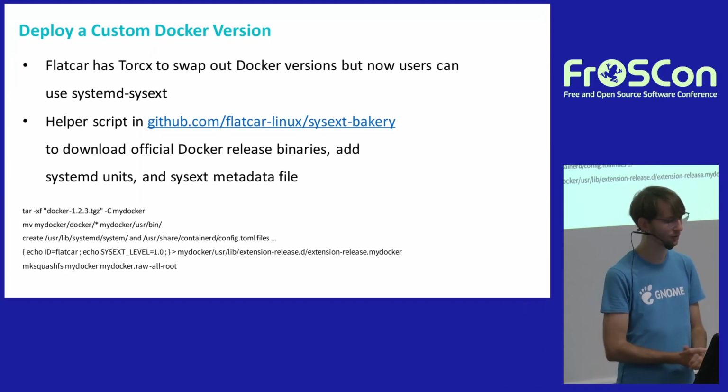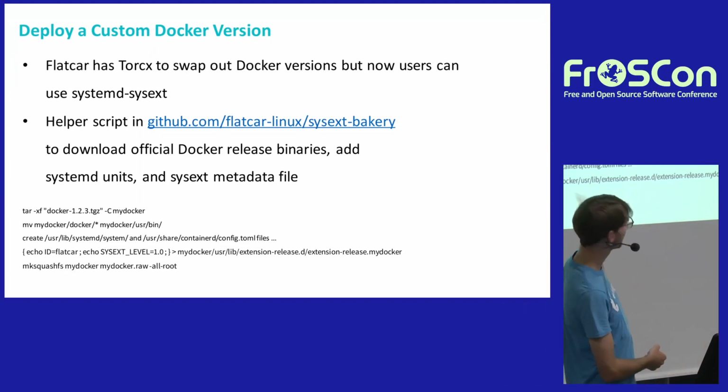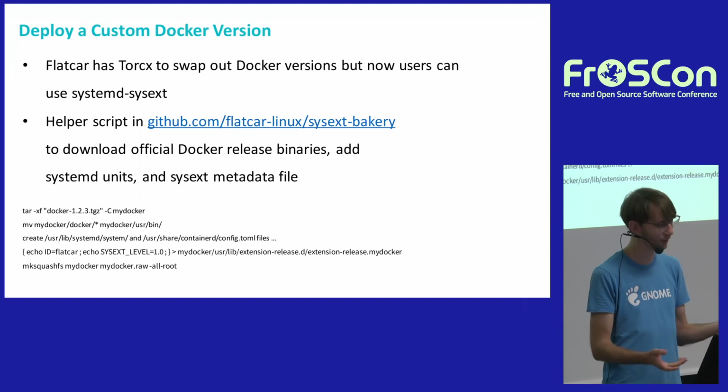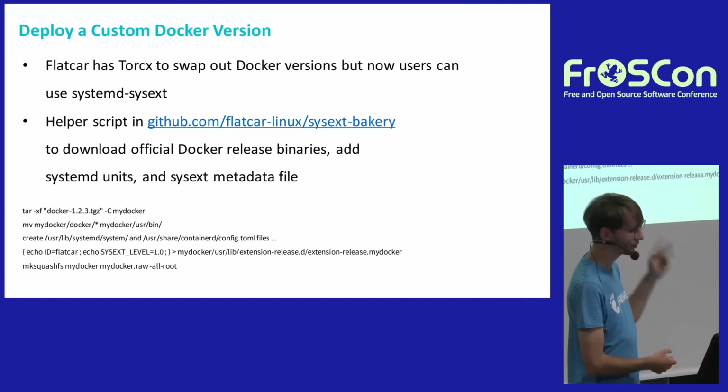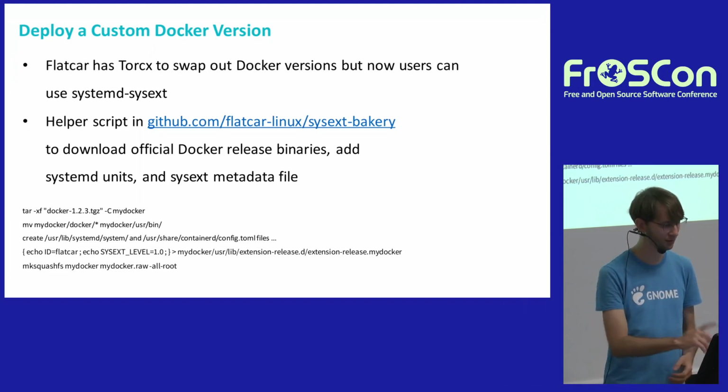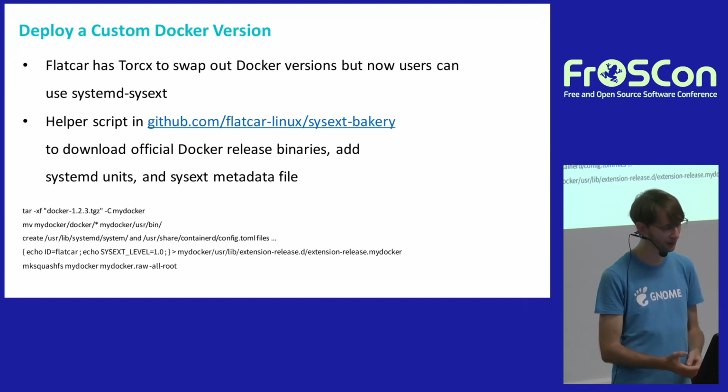So first you have to set up the directory. For example, here it's this unpacking of the archive, and then we have to move some things around, and we create the systemd service units under the common folder, and also some configuration file for containerd.